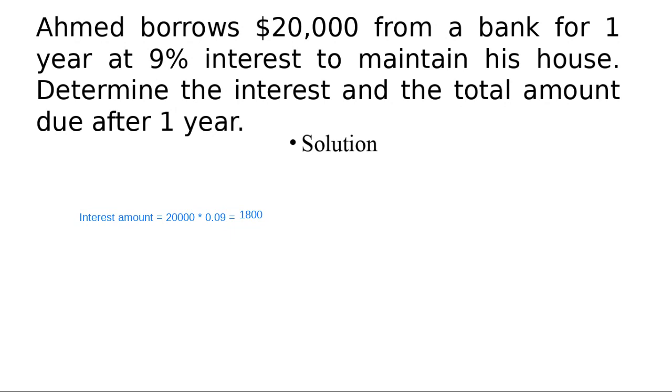So we add the original plus the interest amount, which is 1,800, and that leads us to the total amount, which is 21,800. Great. Mumtaz, excellent. Bashar, Abdurrahim, Yusuf, all of you, excellent students.